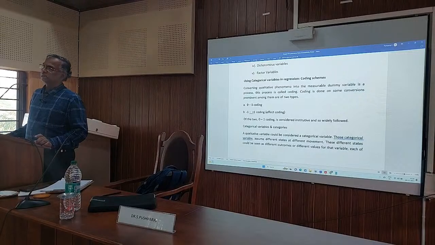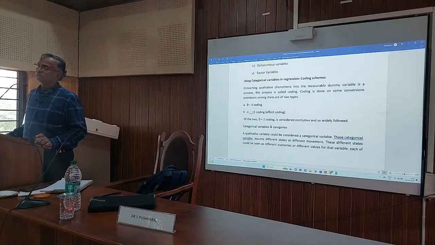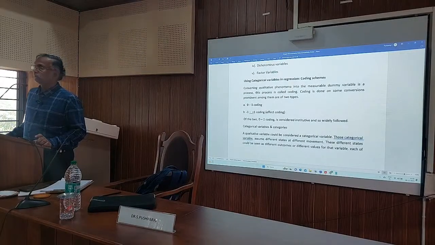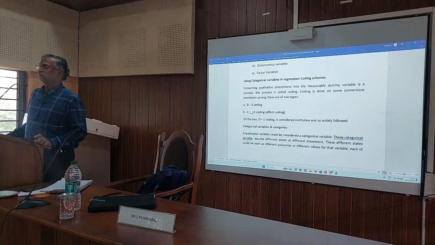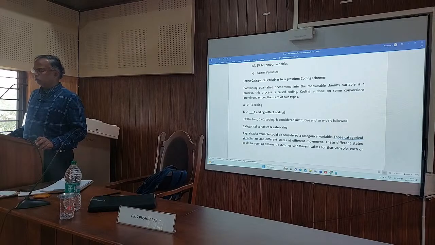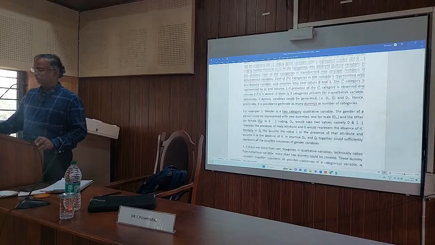We will convert the factor variables with codings. Sometimes we use 0, 1 codes, or sometimes we use -1 and +1 codes. But in economic models, we'll mostly be using 0, 1 codes, presence and absence.